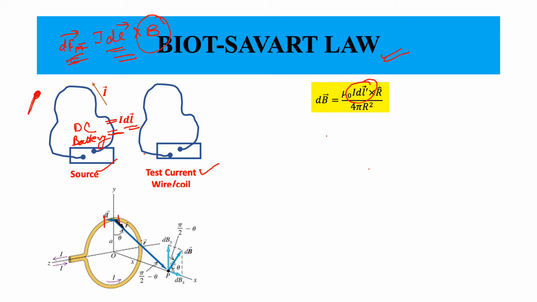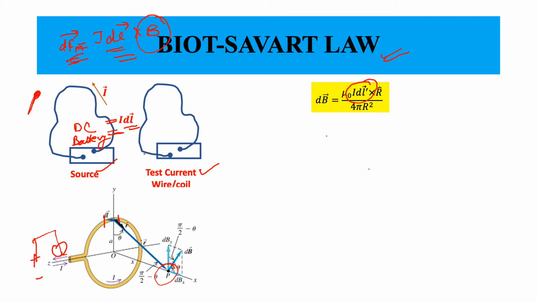This small piece is given by I dl', and it has a certain orientation, and this circuit is carrying a steady state current I. Of course, I am going to connect this with some battery, and I am looking at the magnetic field at some point in space, or B field in space, because we are going to soon see B is not conventionally called the magnetic field. We will come to that.